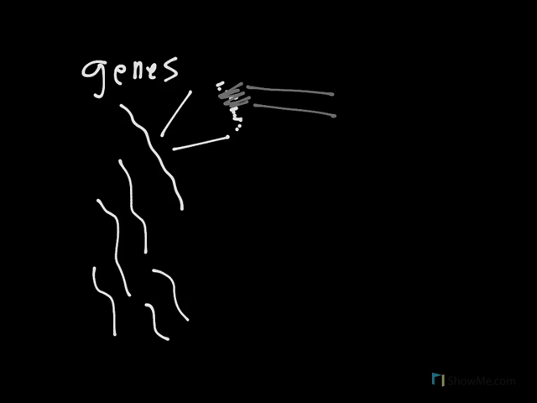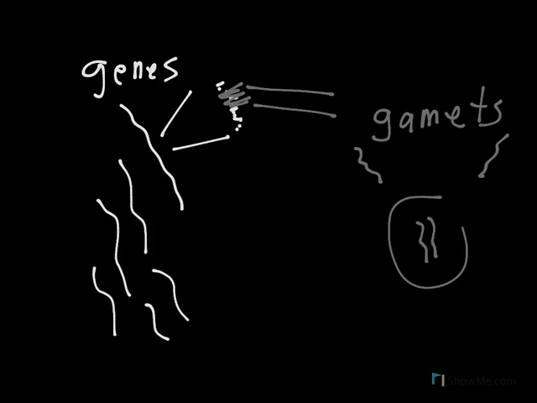So I want you to realize that we have gametes, and then you have two gametes come together. You have a gamete and a gamete that come together. And then this makes your cells.